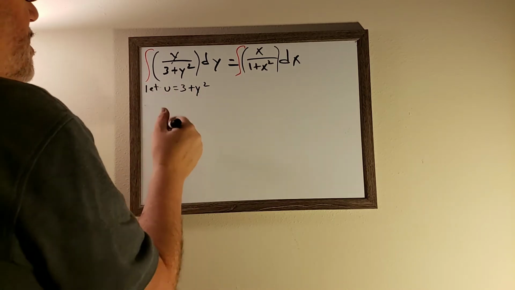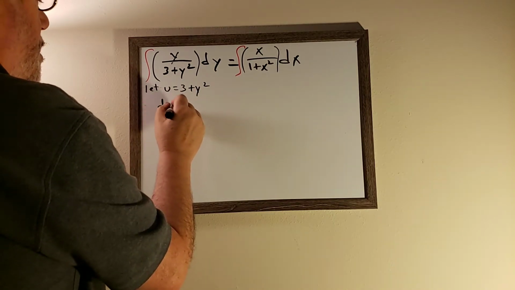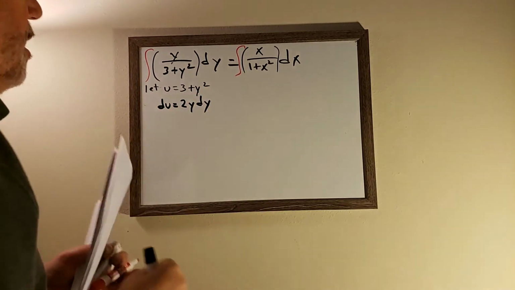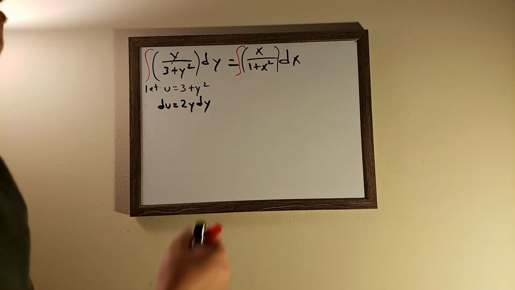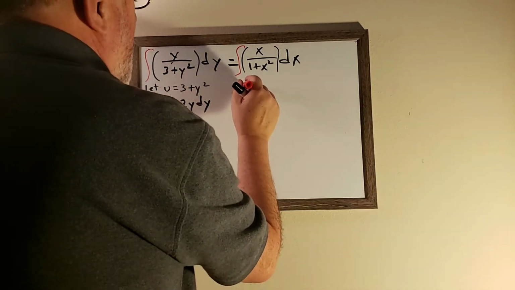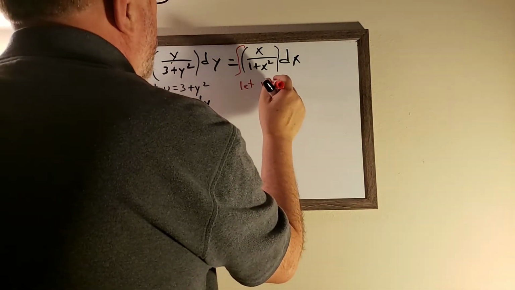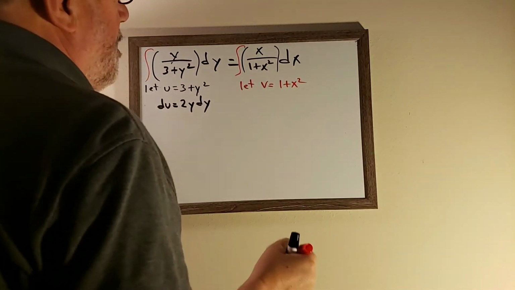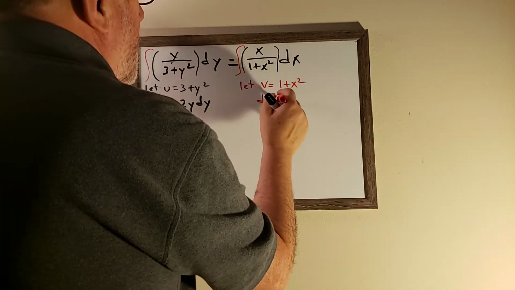And then the derivative of this, du, would be 2y dy. And just so we have different letters here, let's go over to this side, and let's say that this is going to be v. And so v is going to be the 1 plus x squared. And then the dv is going to be the 2x dx, right?